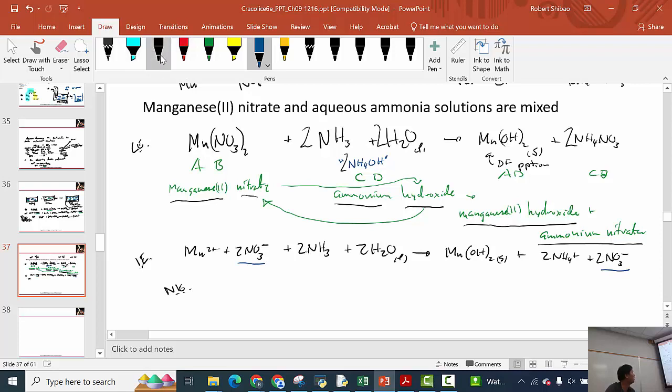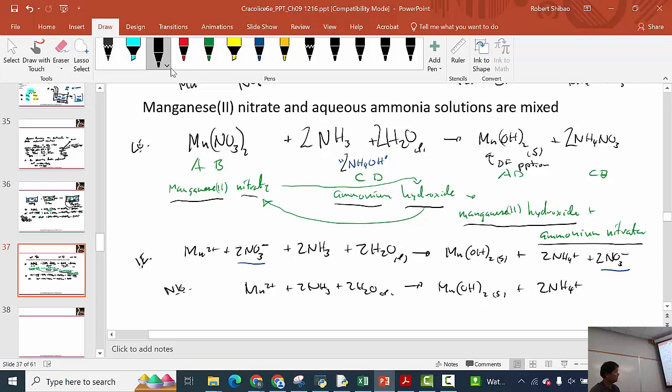And water did. And so the net ionic equation is like this. We don't show the nitrate because those aren't going to participate. The manganese is going to react with the ammonia and the water to form manganese 2 hydroxide solid plus 2 ammoniums.